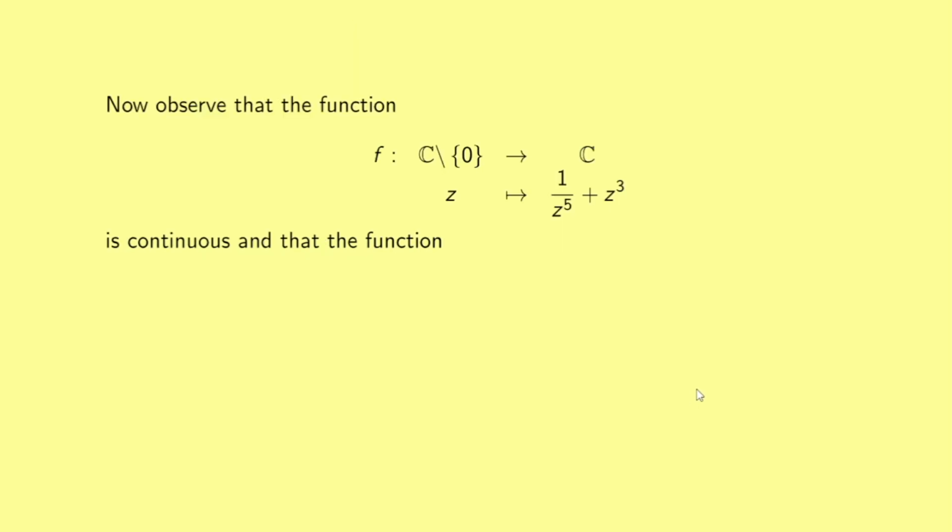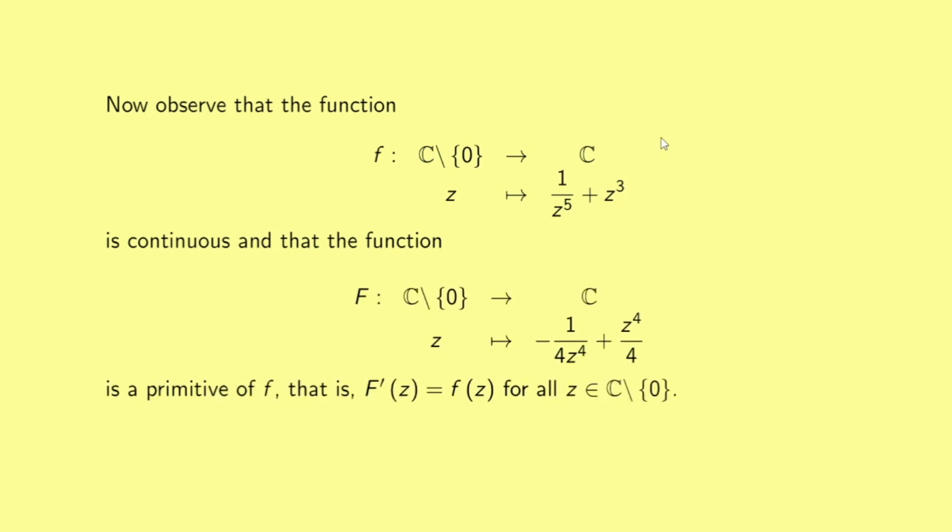First, here's the function we want to integrate. This function is continuous, and as I mentioned, it is defined on C minus the origin. It is easy to see by integration that this big function, big F, is a primitive of f.